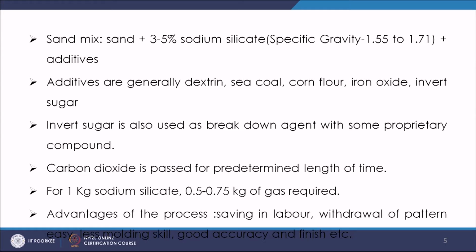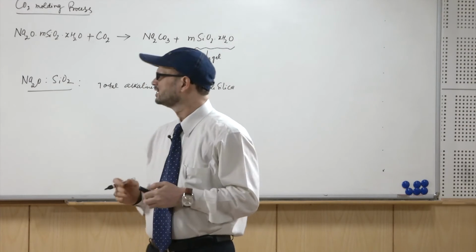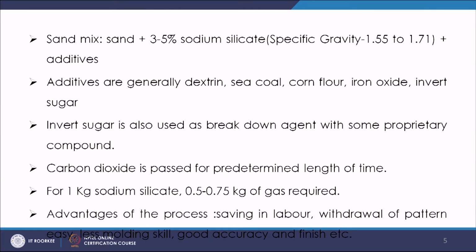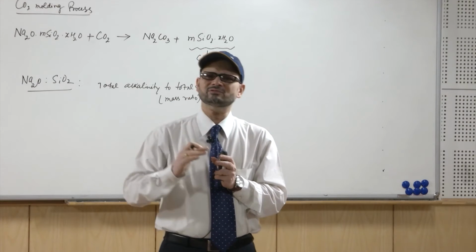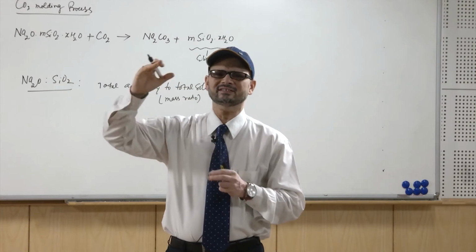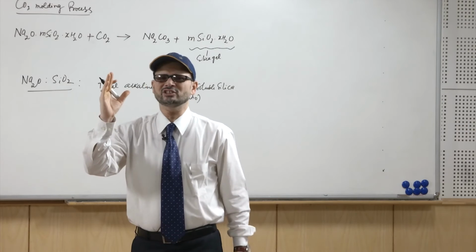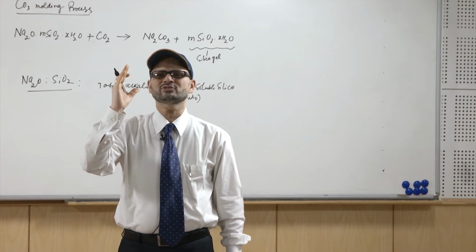It is used with a certain proprietary agent or proprietary compound in the mixture so that the collapsibility is increased. Now, carbon dioxide has to be passed for a predetermined length of time. Once you pass it, it has to be passed for a certain amount and for a certain time, and as that time is reached, you will have a certain optimum strength.